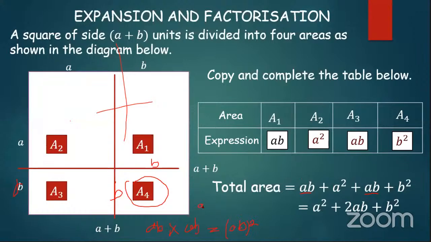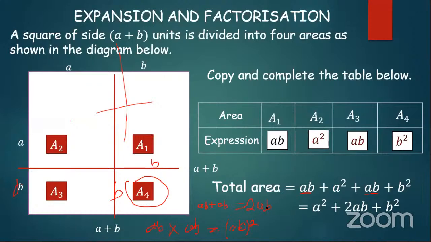But now we have AB plus AB, and this gives us 2 of AB. Is it clear now? Yes.